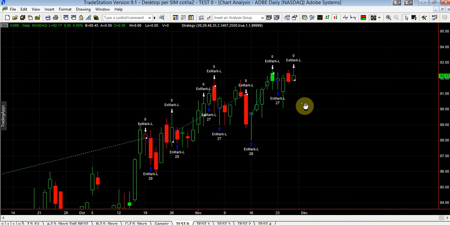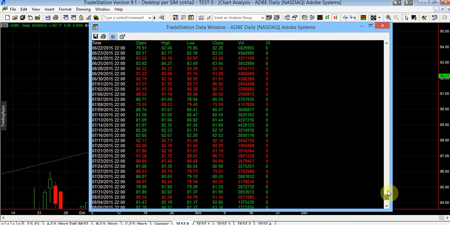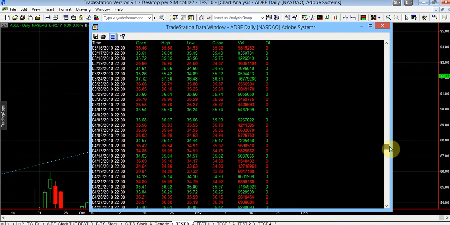Each bar, whatever the bar is, maybe daily, in this case for Adobe we have selected a daily bar, but it might be an hourly bar or a 5-minute bar, whatever it is. At the end, you will always have this data history, open, high, low, close. And that's the real input for the genetic programming software.